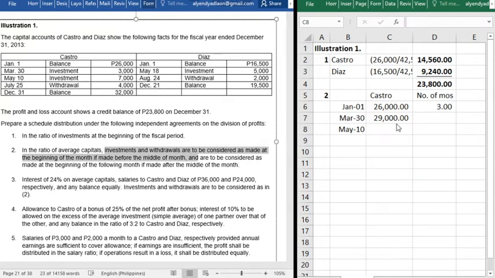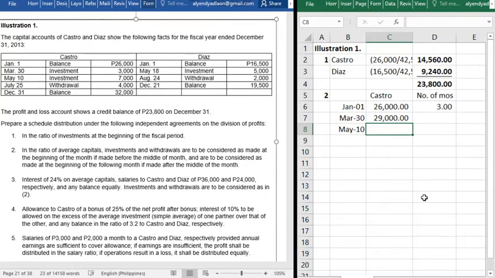So the transactions made between May 1 and May 15 are treated as May 1, and the transactions from May 16 to May 31 are treated as happening on May 31. Since this is May 10, we consider it as happening on May 1.